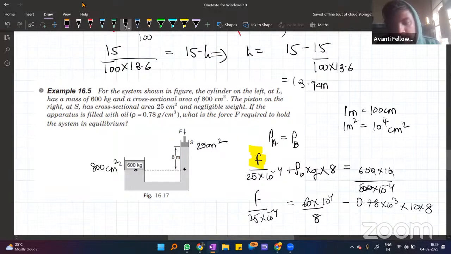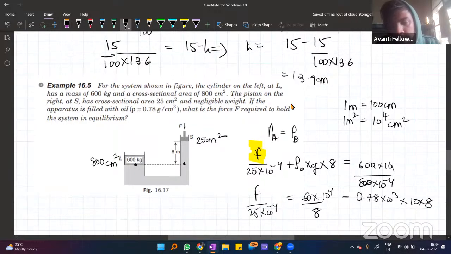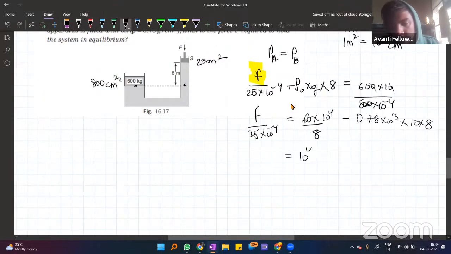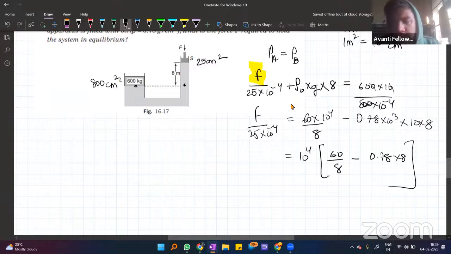So 10 to the power 4 will be common. We are left with 60 by 8 minus 0.78 into 8. To solve this, you'll get your answer.